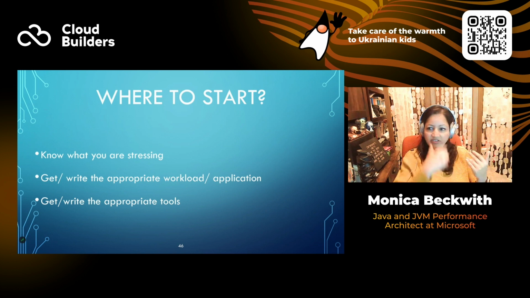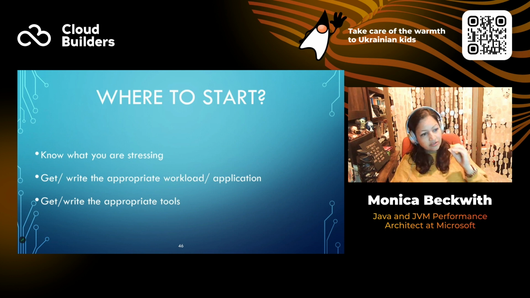Get the right tools. I've listed a lot of tools, but if you don't have the right observability or the right diagnostics, don't waste any time and go write the tools that you need for your performance analysis.